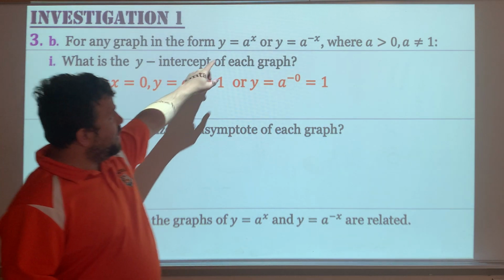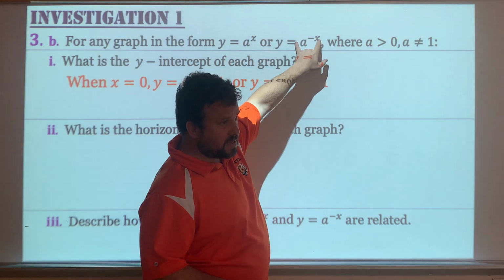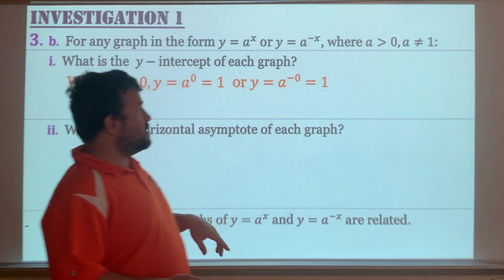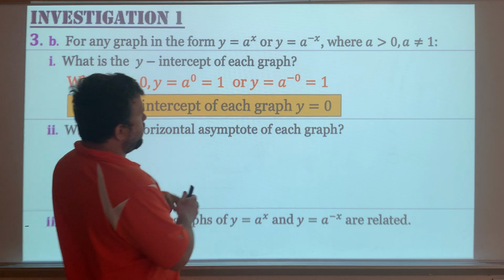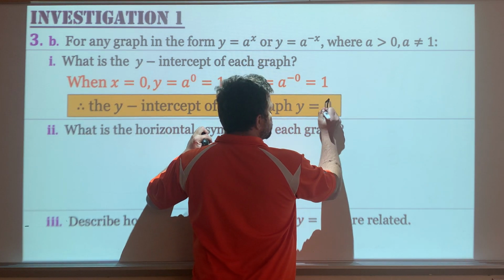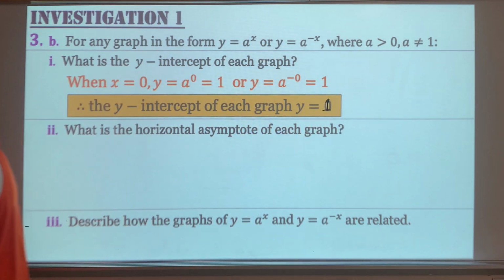So for a to the x, when x is 0, the intercept is always going to be 1. The y-intercept for every graph is going to be y equals 1. Y-intercept for these graphs, y equals 1, not 0, 1.